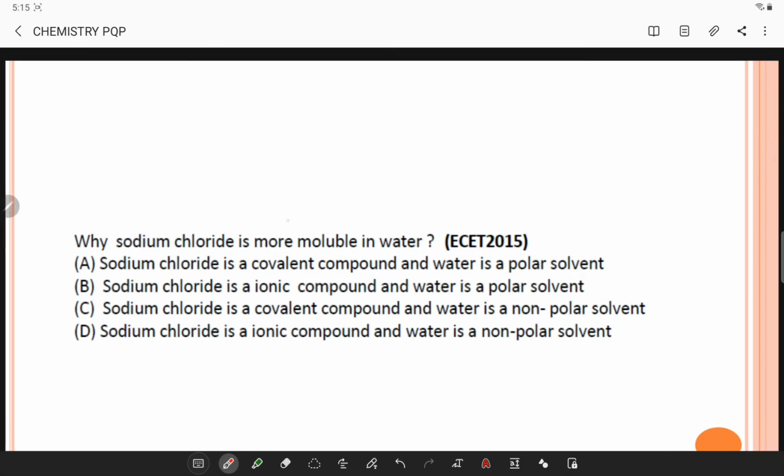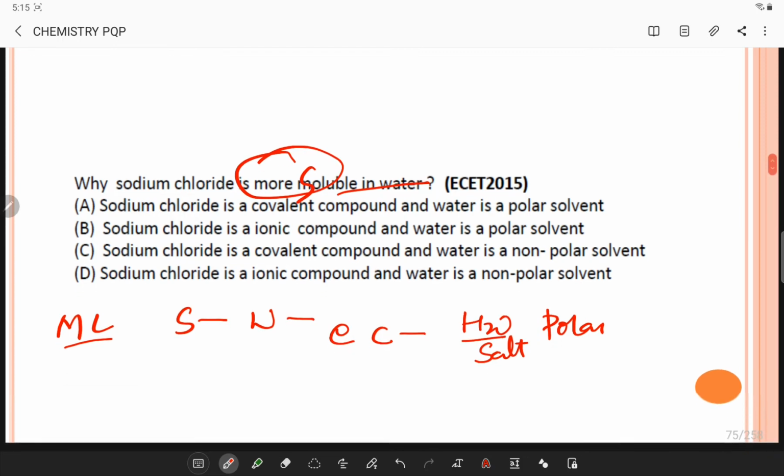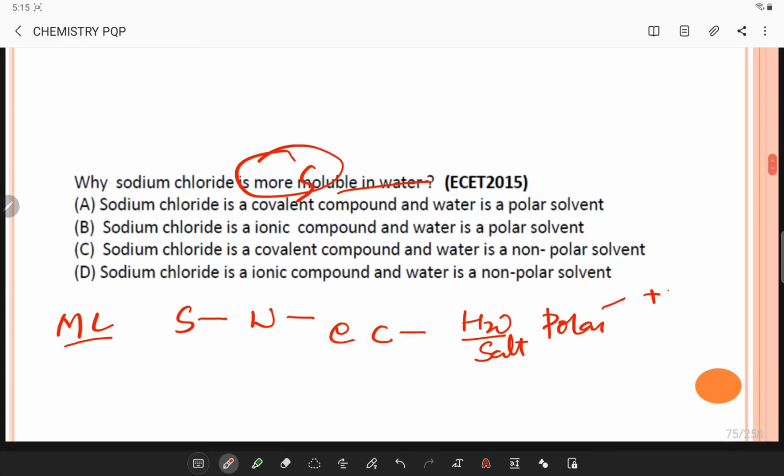So why is sodium chloride more soluble in water? So at molecular level, salt dissolves into water due to electrical charge and due to the fact both water and the salt compounds are polar with positive and negative charged sides of the molecule.